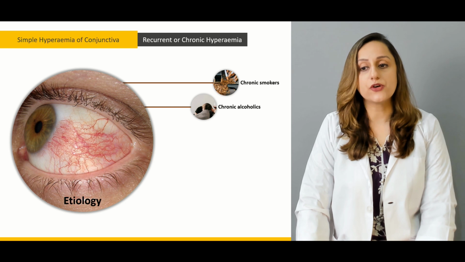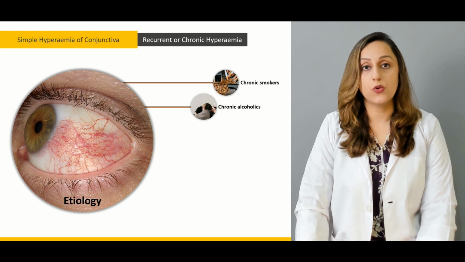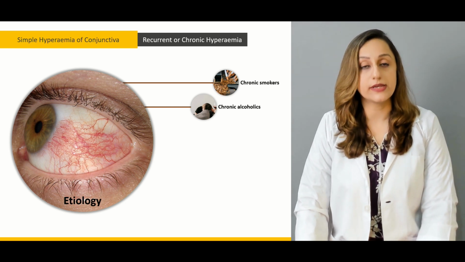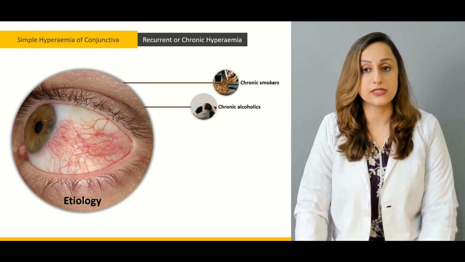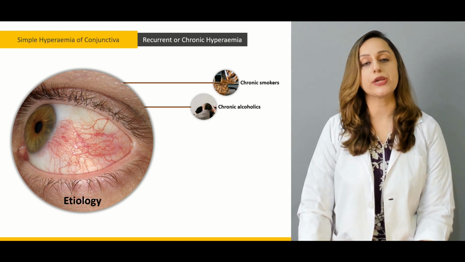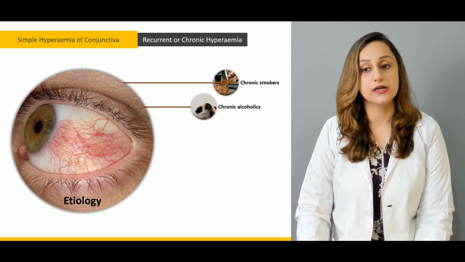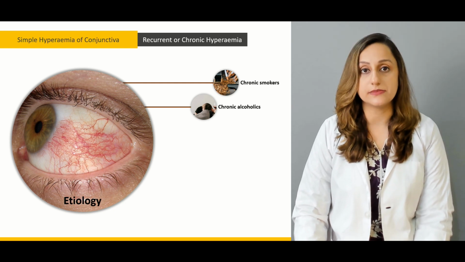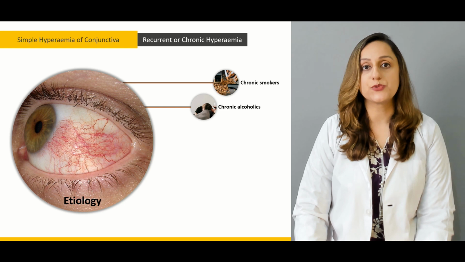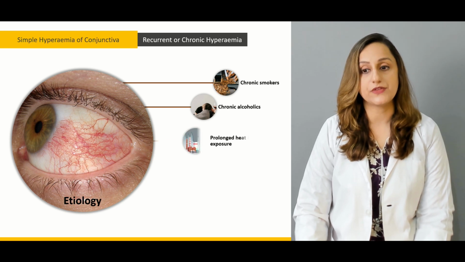Secondly, we have the chronic alcoholics. Another chronic cause for the development of this recurrent or chronic hyperemia of the conjunctiva is chronic alcoholism.